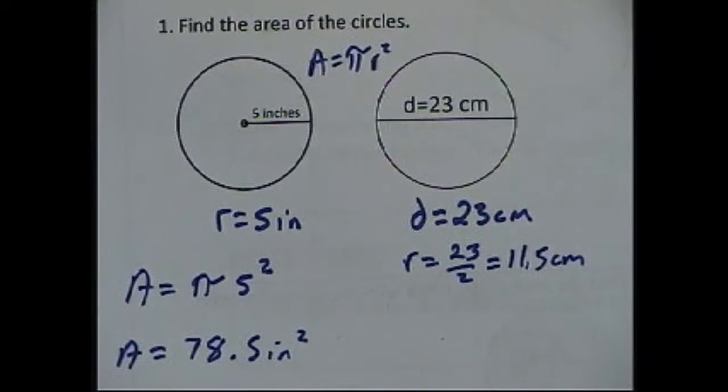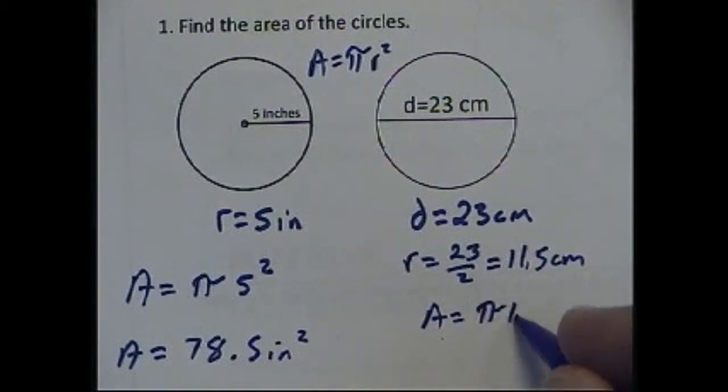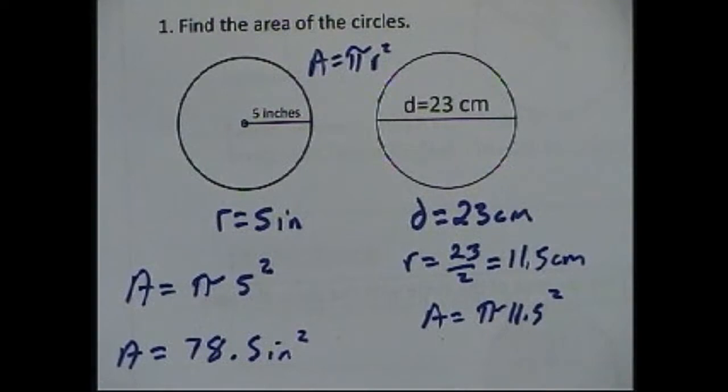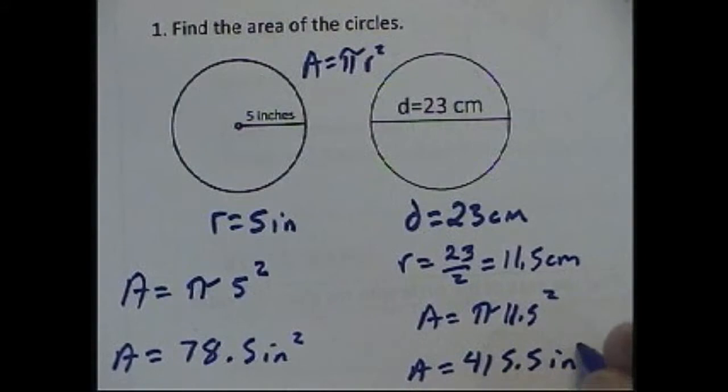The second example, our radius is 11.5, so area equals pi 11.5 squared. And that area is 415.5 square inches. Nope, that's square centimeters, excuse me.